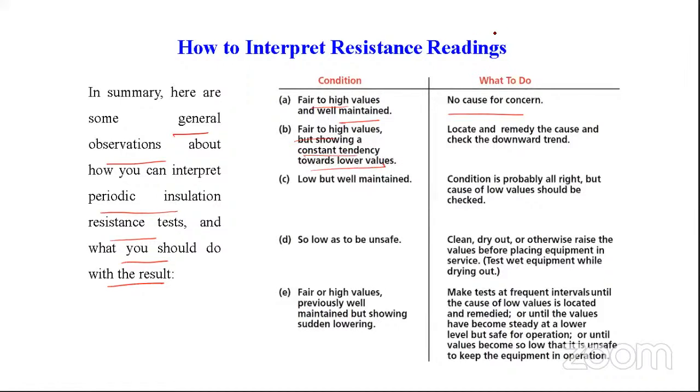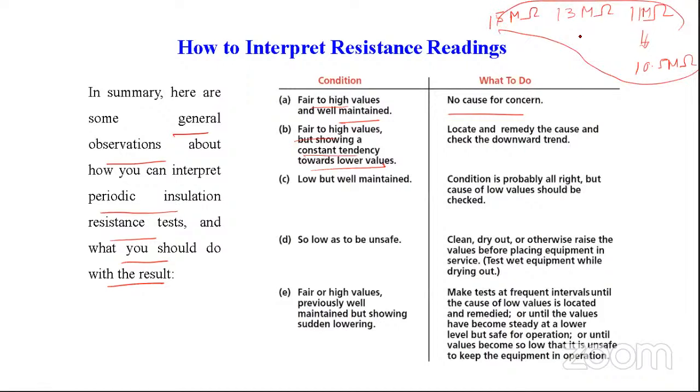High value, but say suppose you measure the value as 15 megaohm. Now, if you measure the value as 13 megaohm after a regular interval. Now, if you measure the value after a certain interval as 11 megaohm, and again if you measure it as, say, 10.5 megaohm. So in that way, all the results are showing higher values.